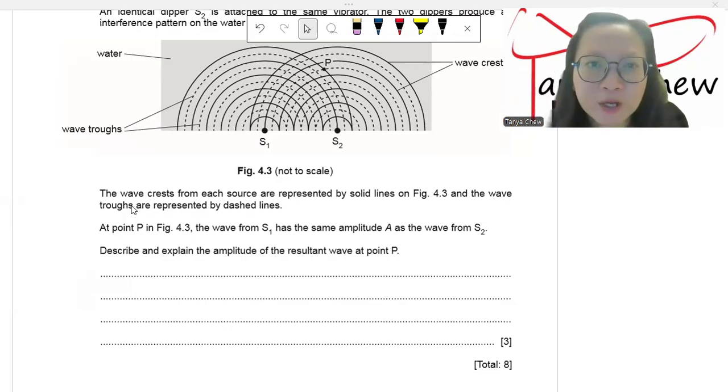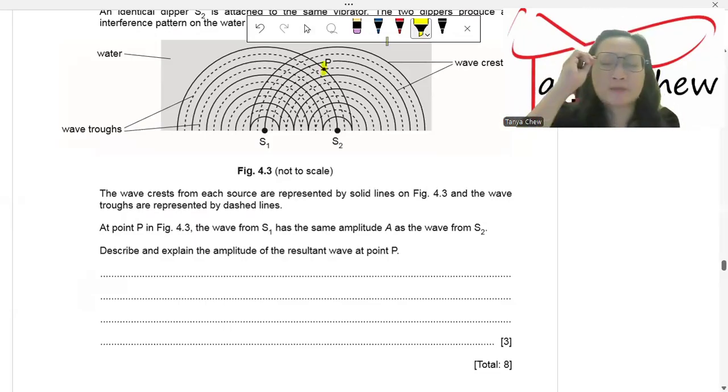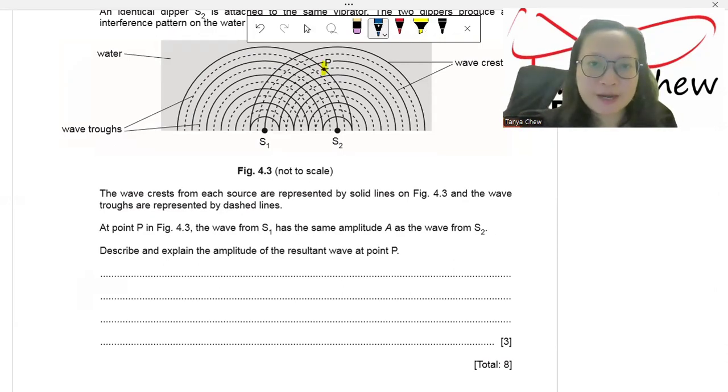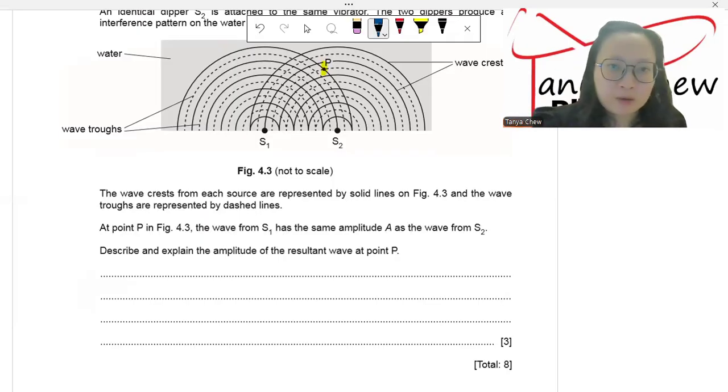Now, where is P? Oh, okay, P is here. It is the wave crest meeting with a wave trough. So I would say that from S1 is the wave trough, right?